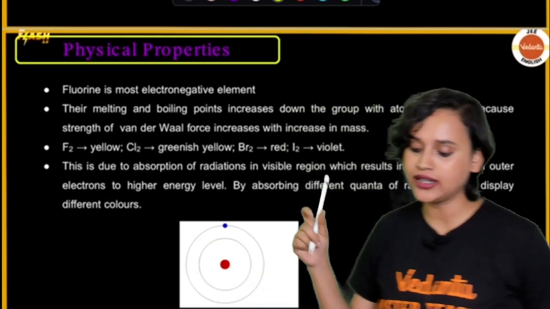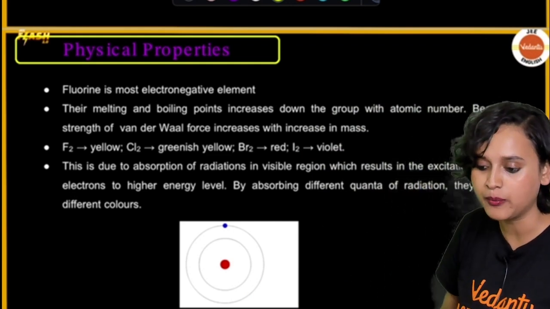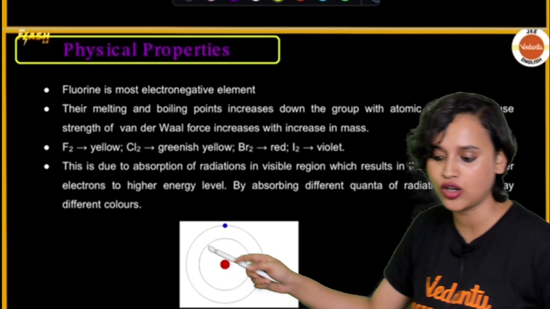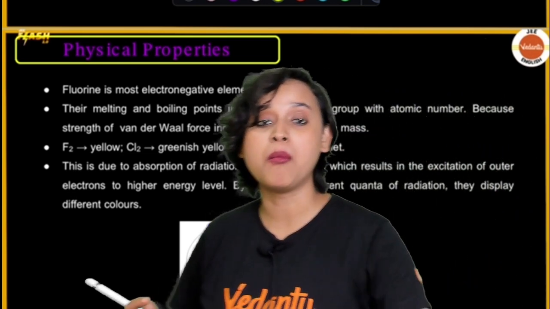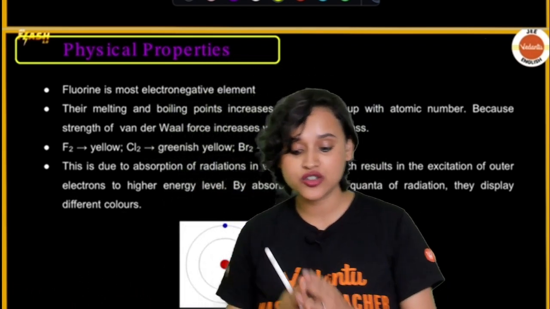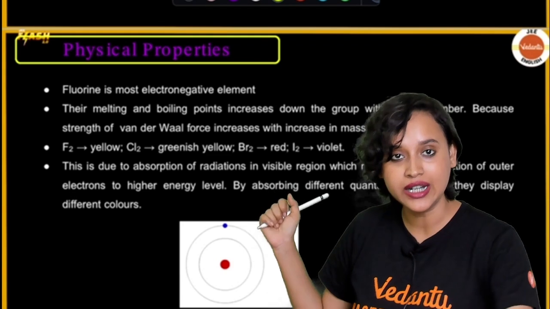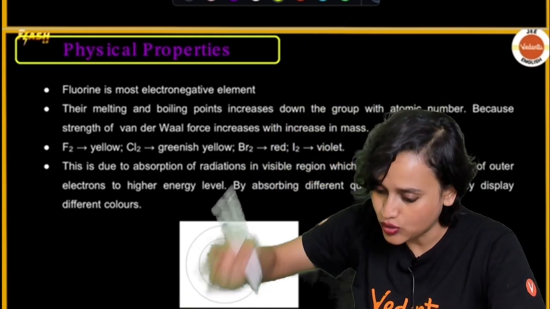The melting point and the boiling point increase as you go down the group with atomic number, because the strength of the van der Waals force increases with the increase in mass. The density also increases as you go down the group.